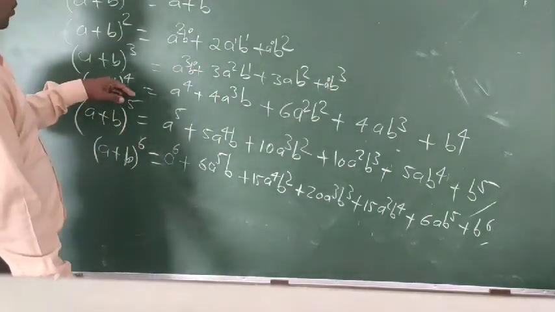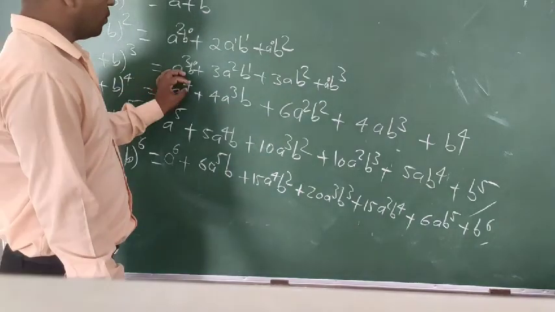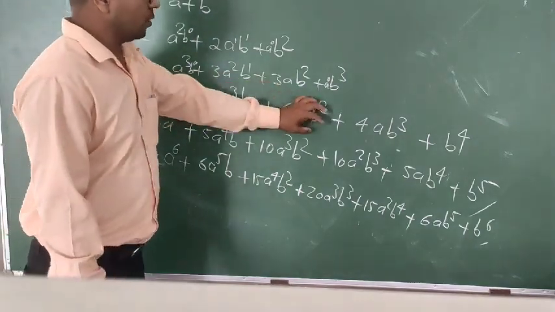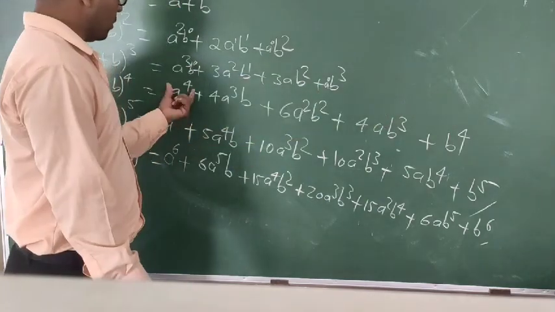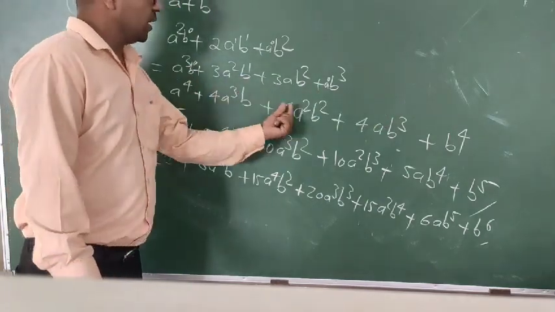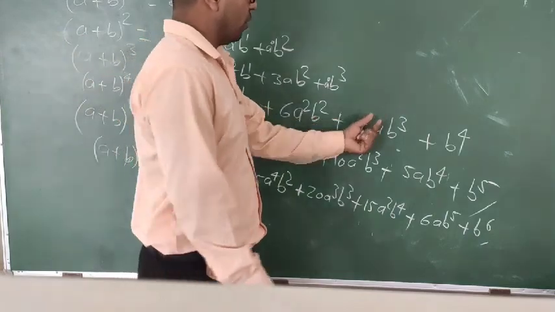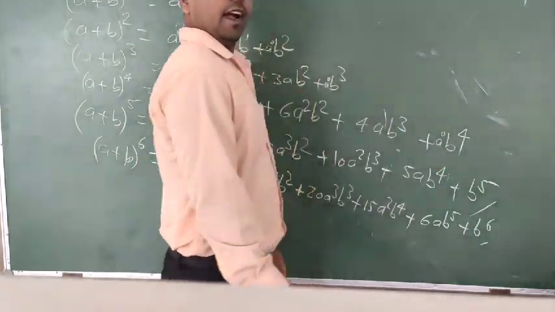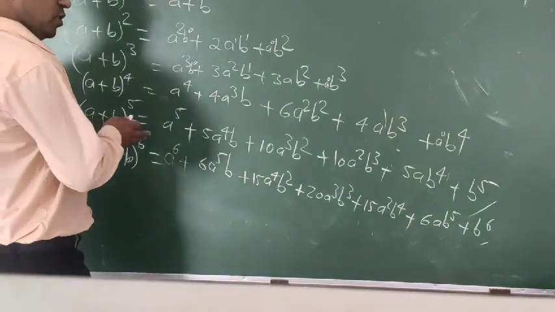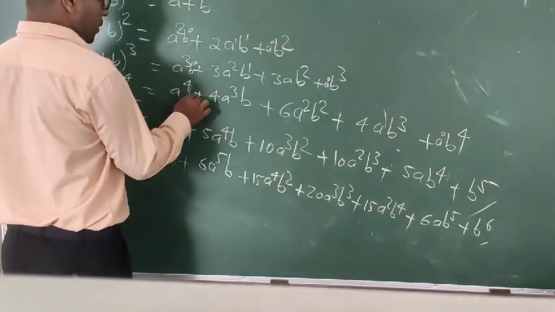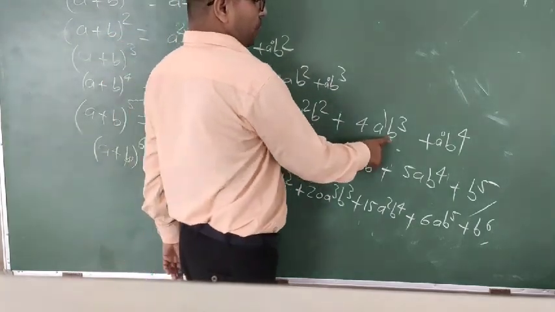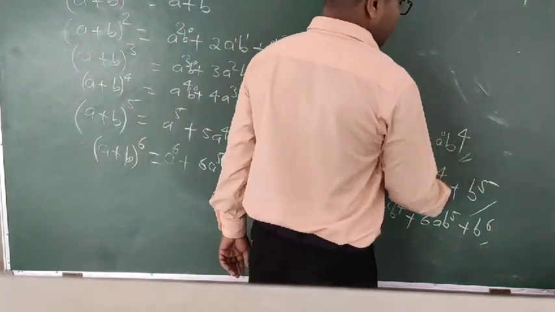In the same way, (a + b)^4, the power of a we are decreasing: a^4, a^3, a^2, a^1, and at last a^0. And check the power of b, it is going on increasing: b^0, b^1, b^2, b^3, b^4.